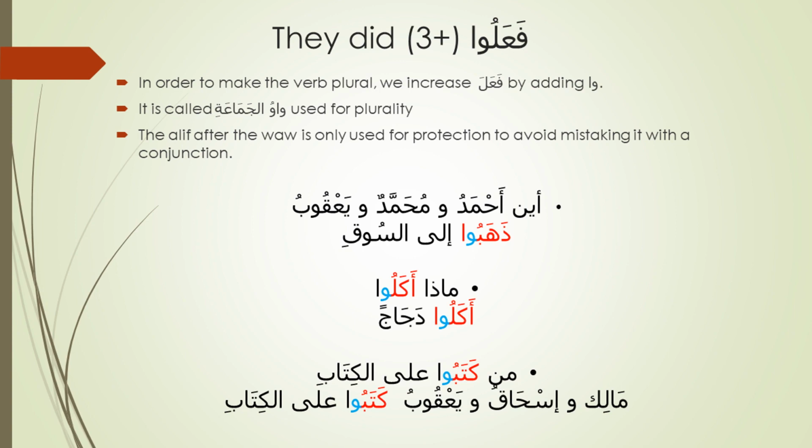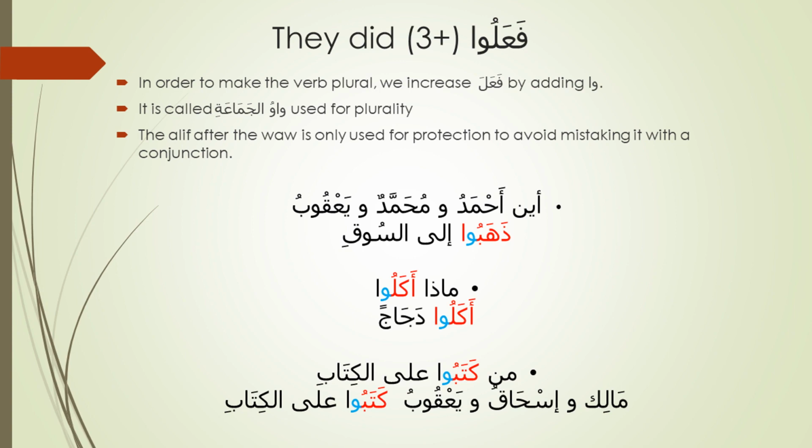So if you read the examples now, I'll say, Aina Ahmed wa Muhammad wa Yaqub. Where is Ahmed, Muhammad and Yaqub? I can put 4 names here, I can put 5 names, it doesn't matter. As long as it's 3 or more, it's a plural. Does the waw take a sukoon?